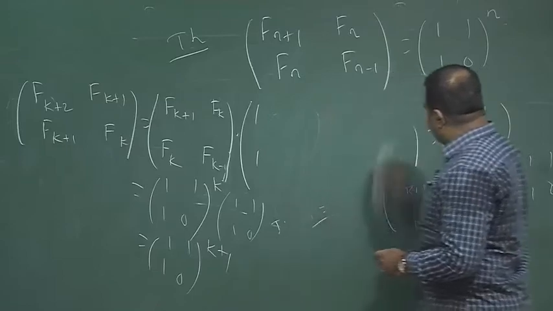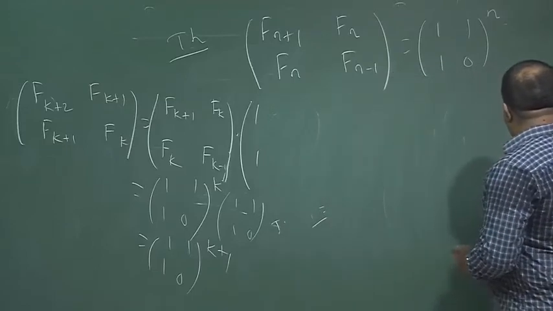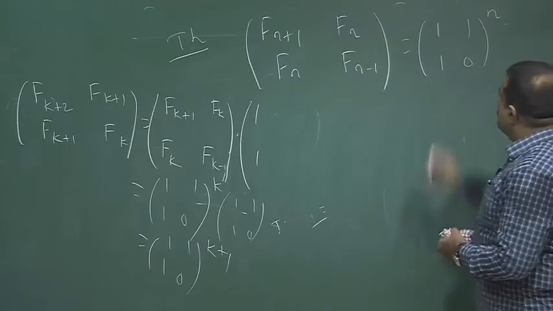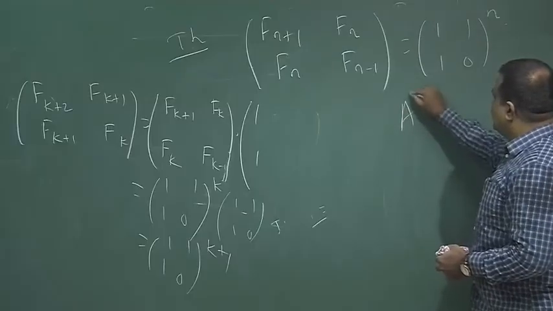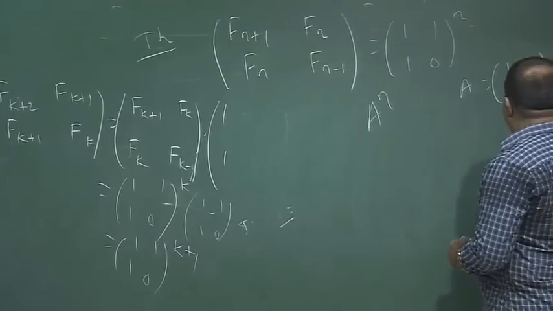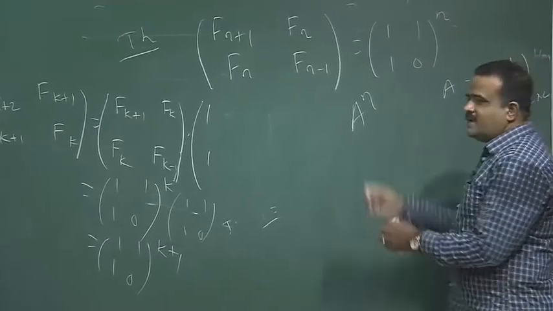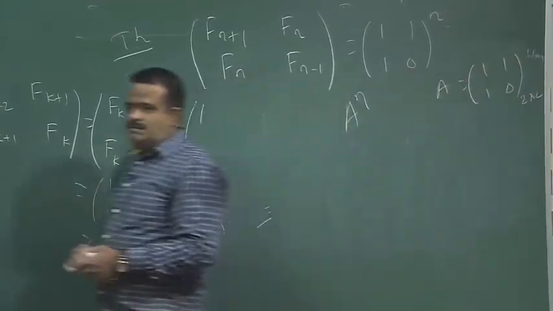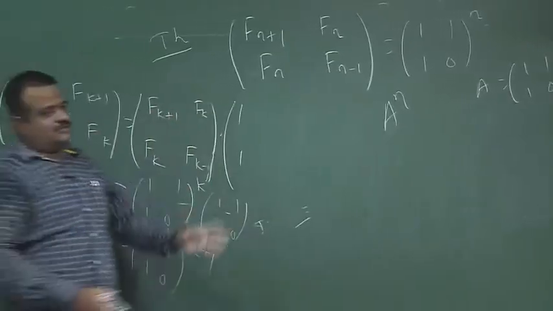Now, once this theorem is true, to find the nth Fibonacci number we have to compute A to the power n, where A is this matrix. It is just a 2 by 2 matrix. So this is the same as powering a number, but this is a constant matrix.